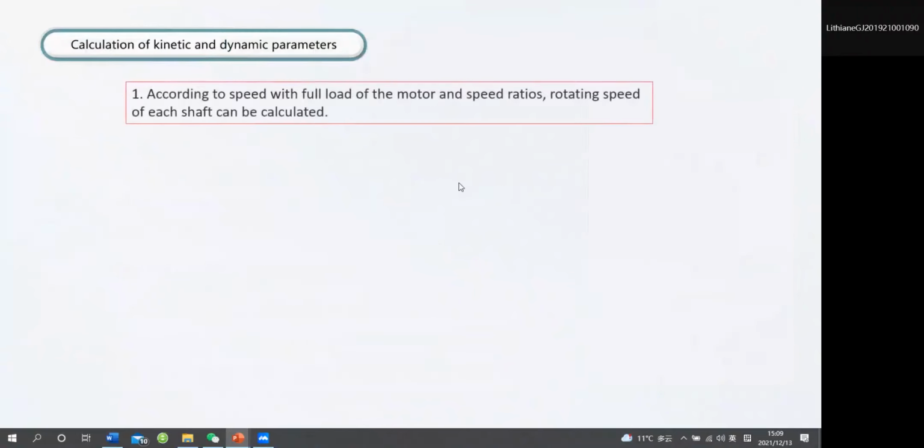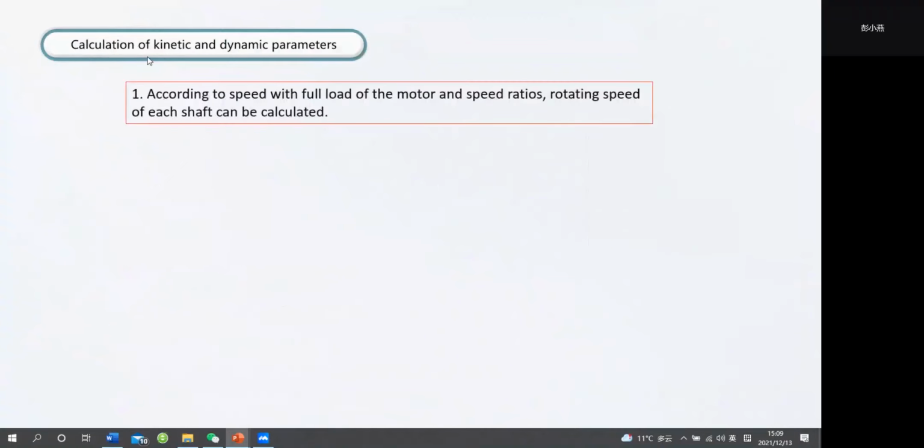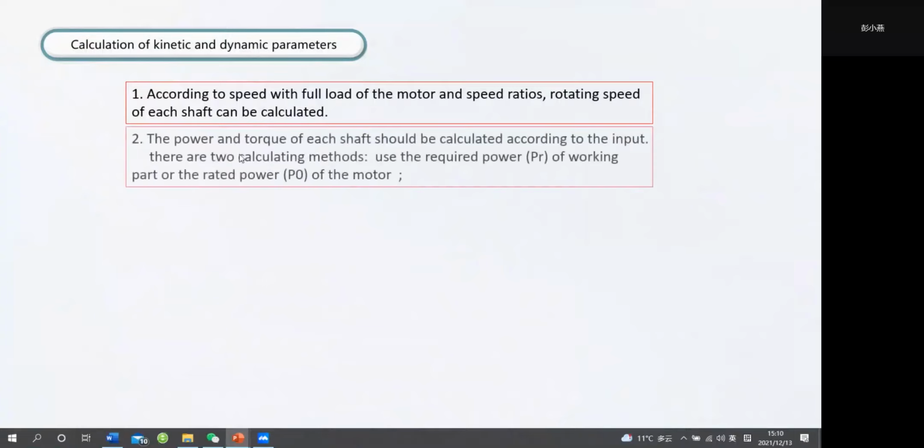Okay, and then we distribute the speed ratio, and then we should calculate the kinematic and dynamic parameters. First, according to the speed with full load of the motor and the speed ratio, the rotating speed of each shaft can be calculated.